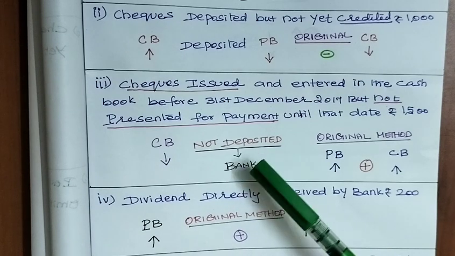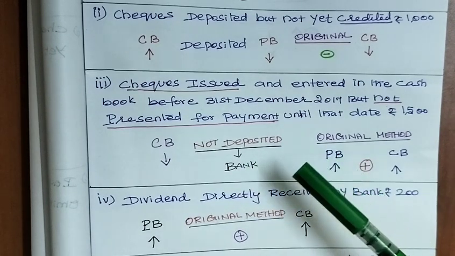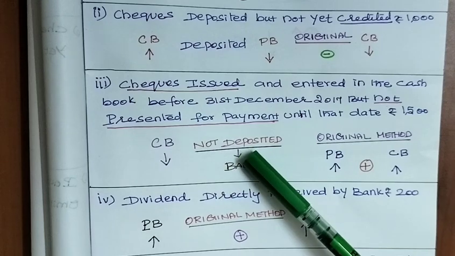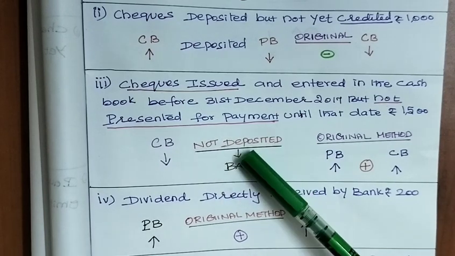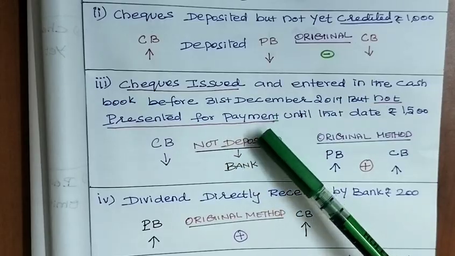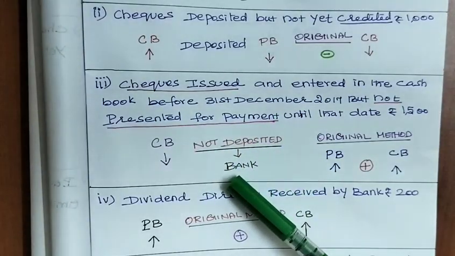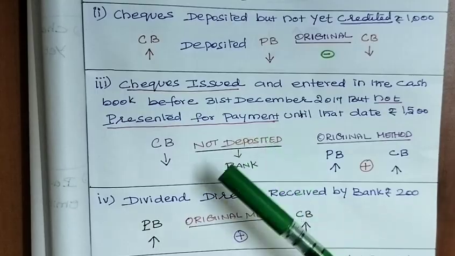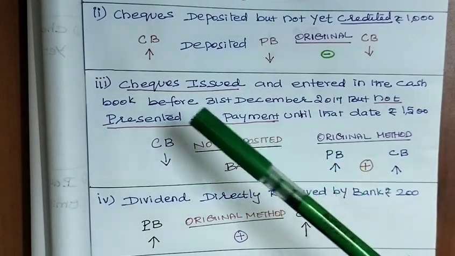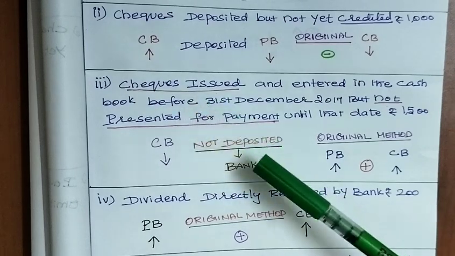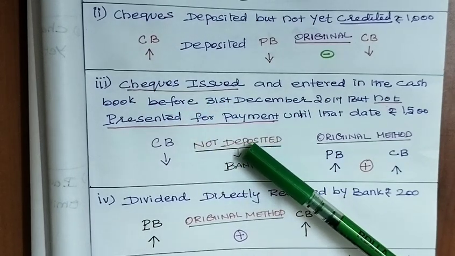So what about the passbook? If the check is presented in the bank only, if the check is cleared, if the check is collected by the bank, if the check is deposited into the bank, it is credited into the bank only, your passbook decreased because that bank made the payment on behalf of you.